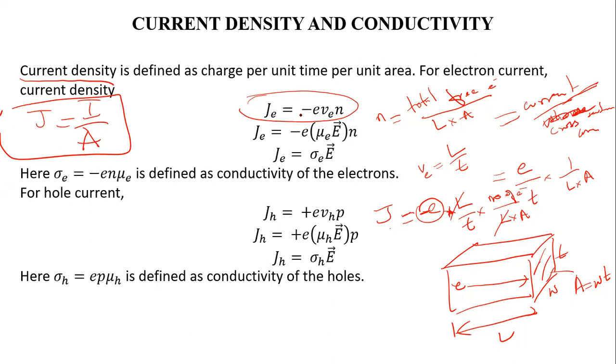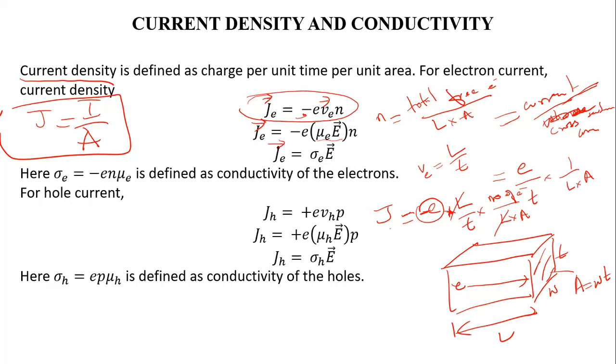VE is the drift velocity of an electron, which will be mobility into electric field. Sorry, I should put a vector arrow sign here, because we consider current density as a vector. So, current per unit area. Now, dimensionally correct.